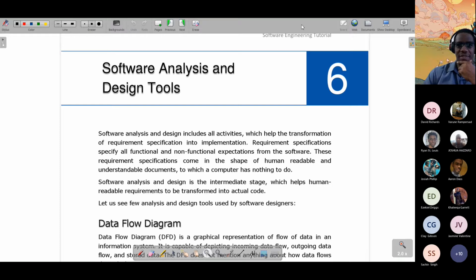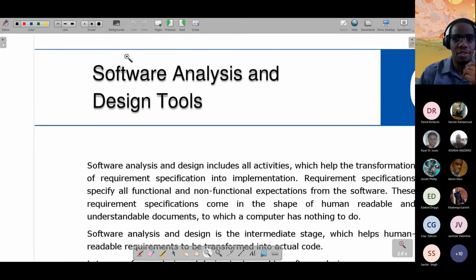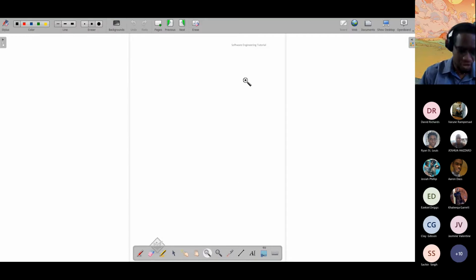Right, interviews, observation, and what? Document review, etc.